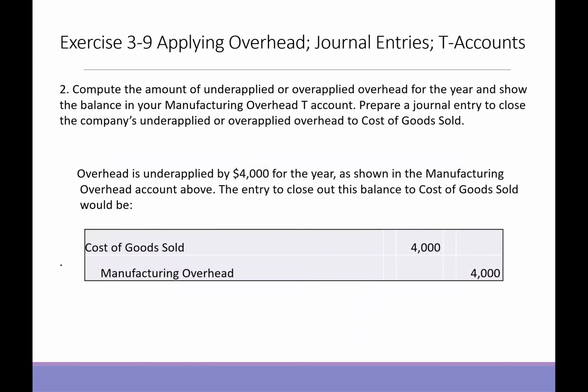So we would debit our cost of goods sold to increase it. So we actually spent 4,000 more than we had initially expected. There's not a better way to do this because the costs flow in after the fact.